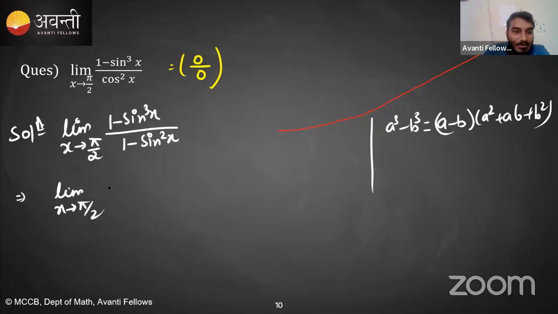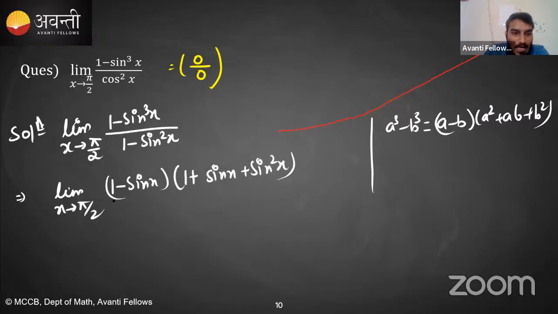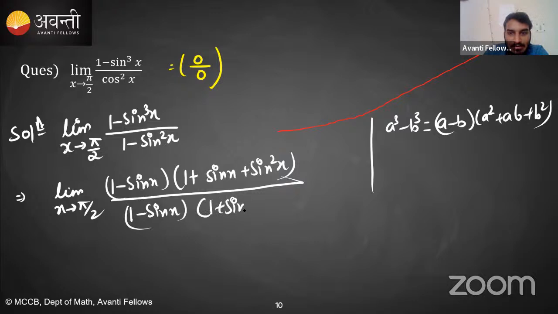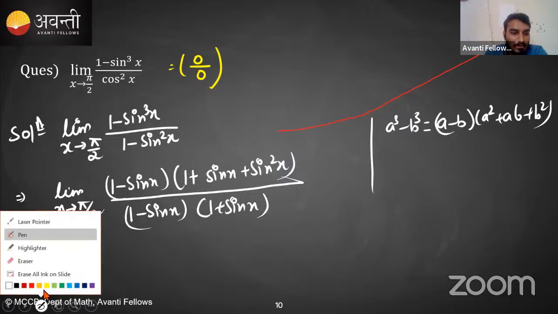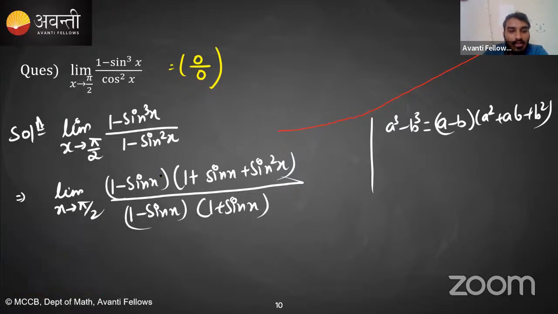Right? So this can be written as 1 minus sin x into 1 plus sin x plus sin square x, and 1 minus sin square x can be written as 1 minus sin x into 1 plus sin x. Clear? See, from the numerator and denominator, 1 minus sin x and 1 minus sin x cancel out. Right?